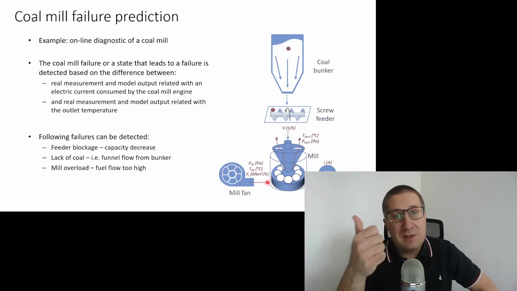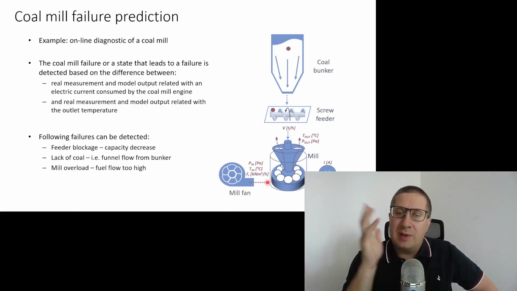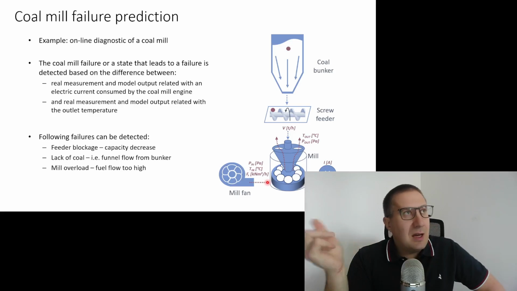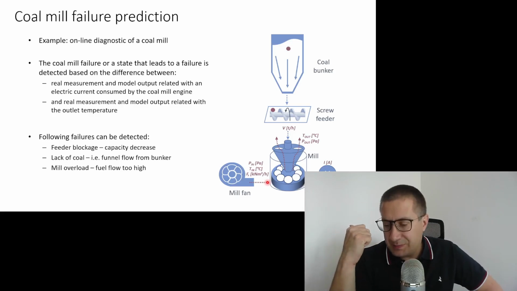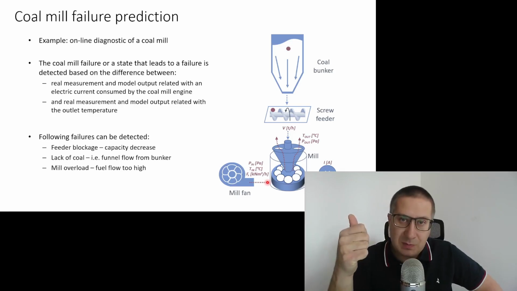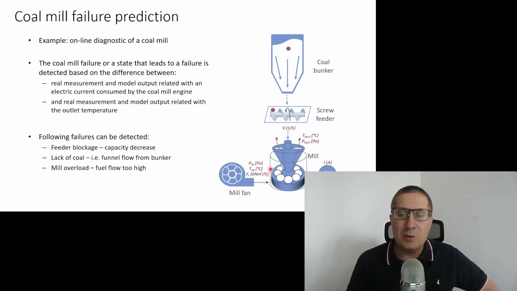So of course, first of all, we need to know what kind of failures can be related with such a coal mill. I think two most frequent failures are coal overload. So we have too much coal in the mill. The coal mill is not able to grind it.